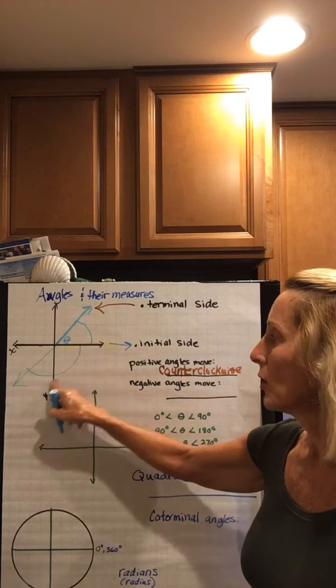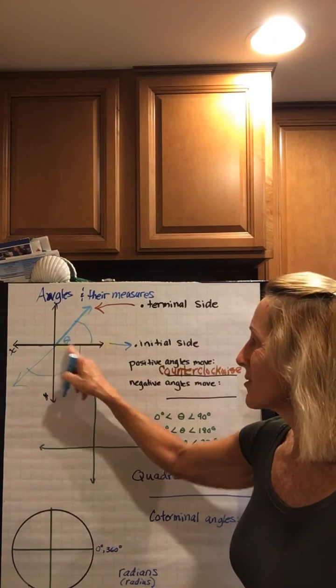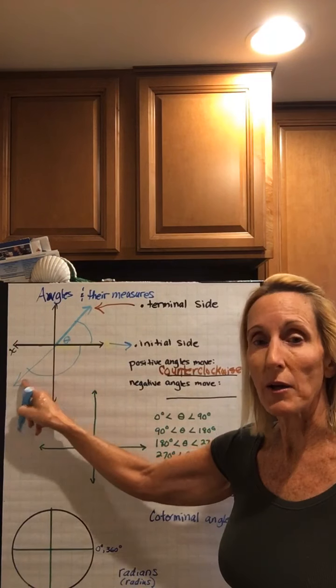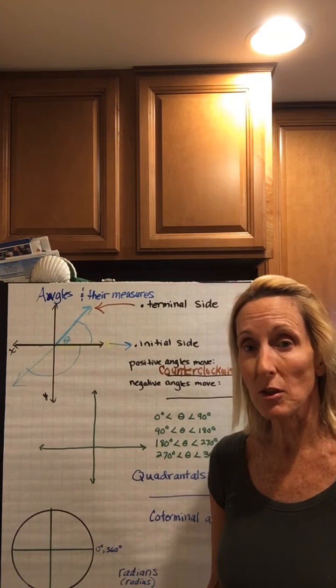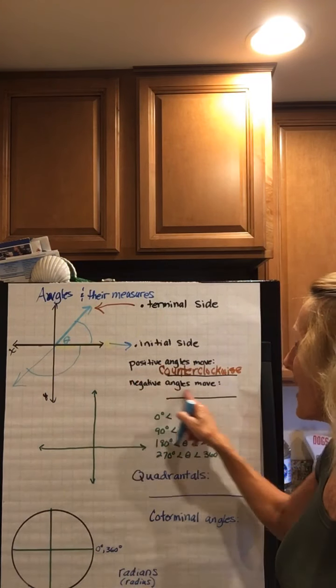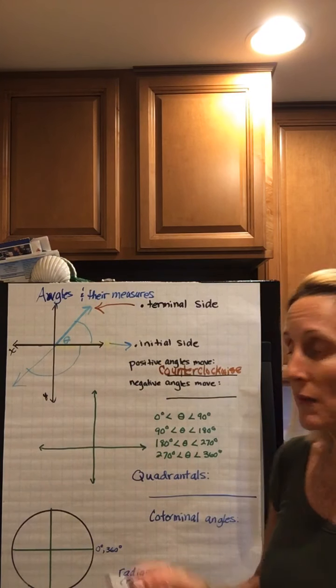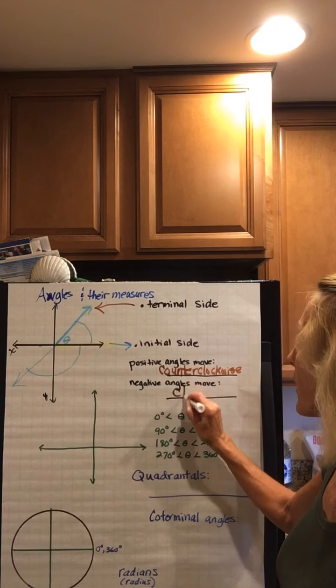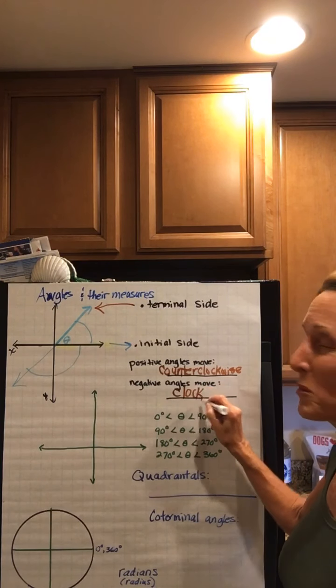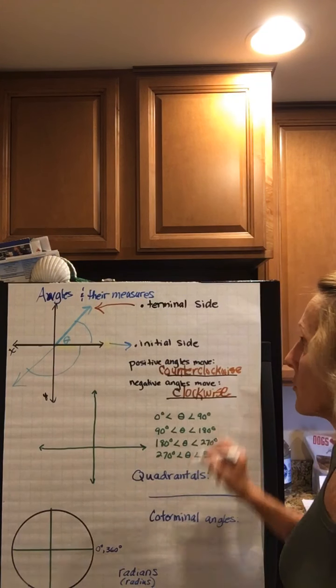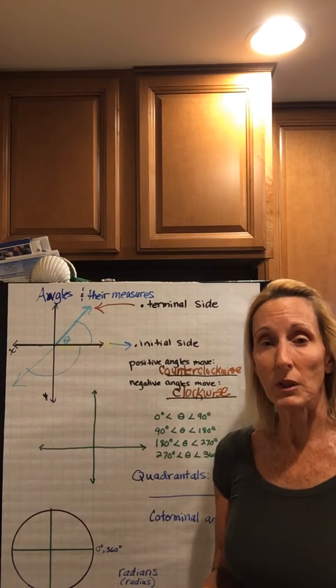So I went clockwise. This is my initial side. This would be my terminal side where my angle ends. So this is a negative angle because I went clockwise. So to make a negative angle, you go clockwise. Seems backwards, doesn't it? Okay, so there's your first thing about how you build an angle.